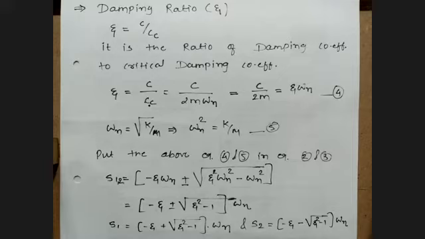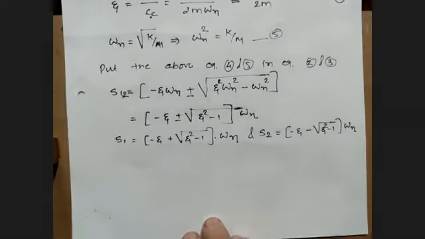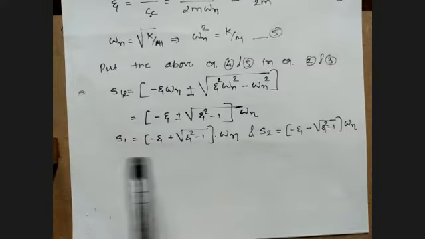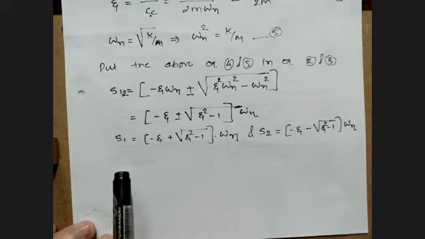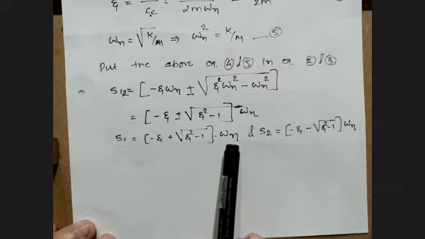Now these are the two roots, right? And the solution is based on these two roots, S1 and S2. Our final solution is in terms of zeta, the damping ratio, and natural frequency.